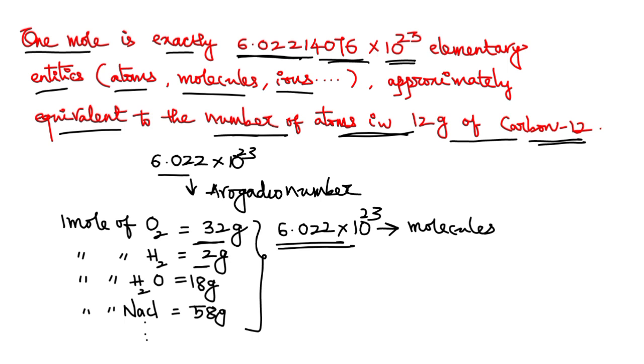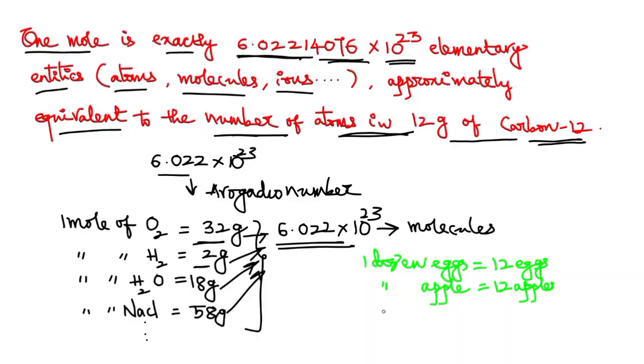So don't get confused how it is 32 grams and 2 grams, 18 grams, 58 grams. All contain the same. Let us take one example from daily life. 1 dozen of eggs is nothing but 12 eggs. 1 dozen apples, 12 apples. 1 dozen pencils, 12 pencils.